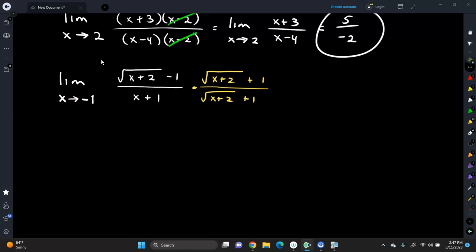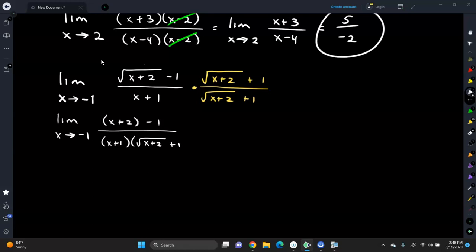So we multiply by the conjugate, and that gives us the limit as x approaches negative 1. Okay, we're going to FOIL this out again, so we get x plus 2 minus 1 on top. And on the bottom, we have x plus 1 times the square root of x plus 2 plus 1.